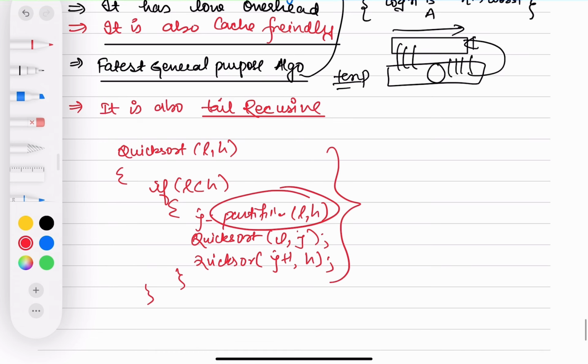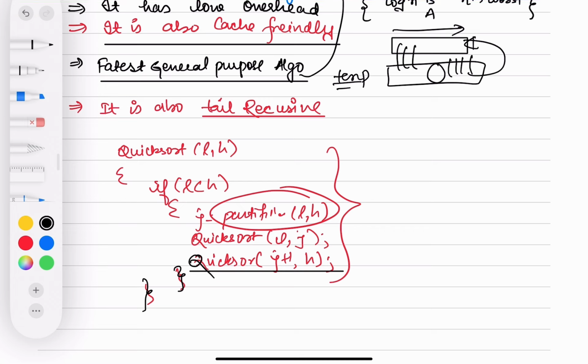Now tail recursive means when the recursive call is the last thing we do. After the recursive call, did we do anything else? No. So tail recursive is when the recursive call is the last operation in the algorithm.